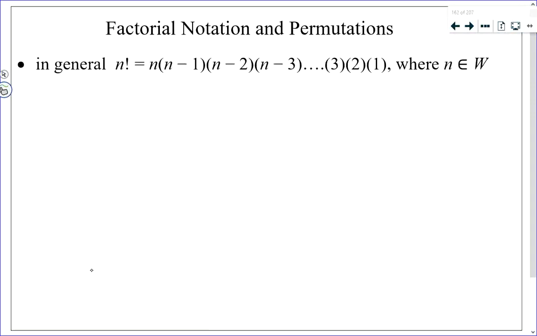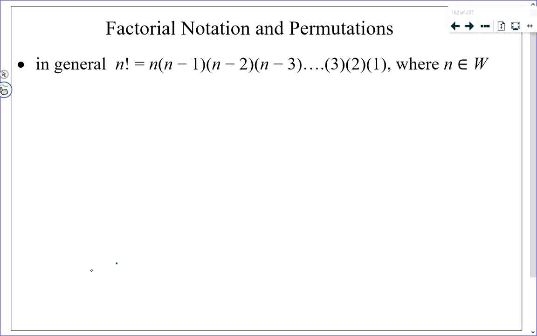Factorial notation, we've talked about this numerous times in the previous week. The main reason you need to know what n factorial is, in terms of a product of factors involving n, is because if you had something like n factorial over n minus 2 factorial, that n minus 2 factorial is contained in the n factorial.